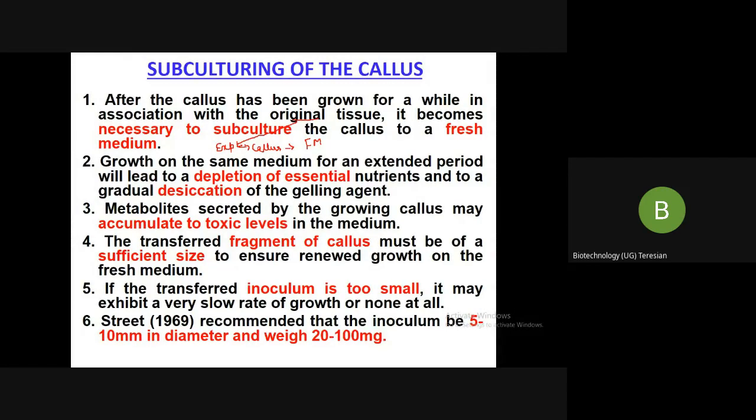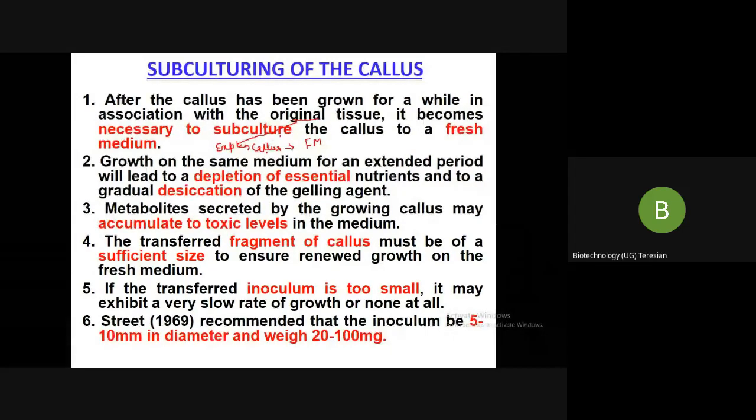So you grow that explant, develop it into a callus, and you're growing that in the nutrient media containing the growth regulators. After a period of 3 weeks or 6 weeks, you're transferring this callus into your fresh media.